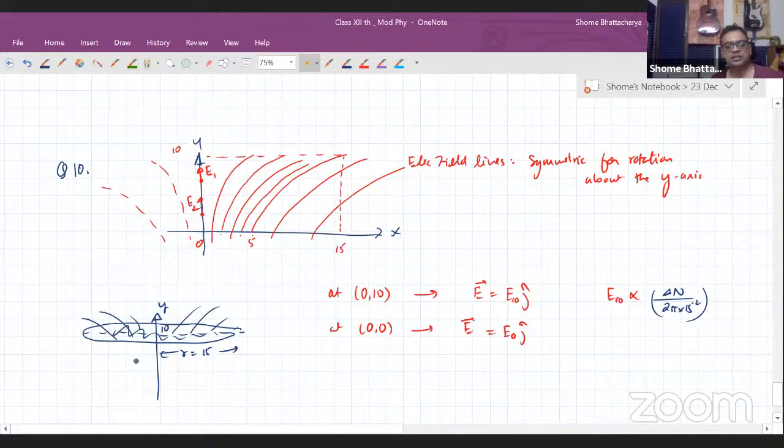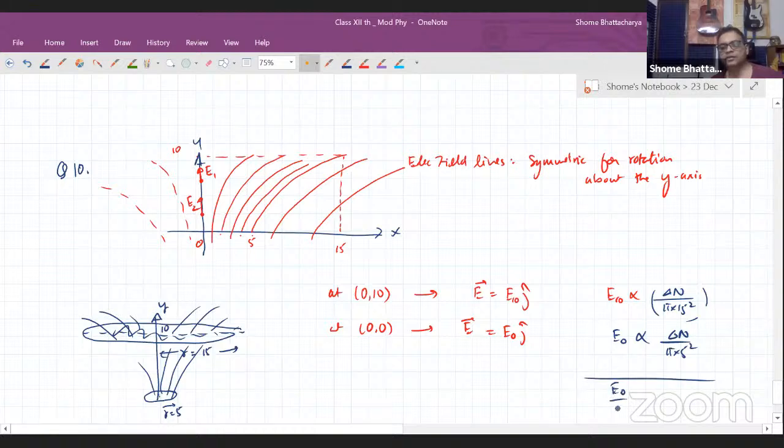Whereas the same number of field lines below, near your origin, the same number of field lines are going through a disk of radius only 5. So E0 is proportional to that same number of field lines divided by pi, area of disk. So this is pi into 15 square and this is pi into 5 square. So the magnitude of electric field ratio at these 2 points will be 9:1.